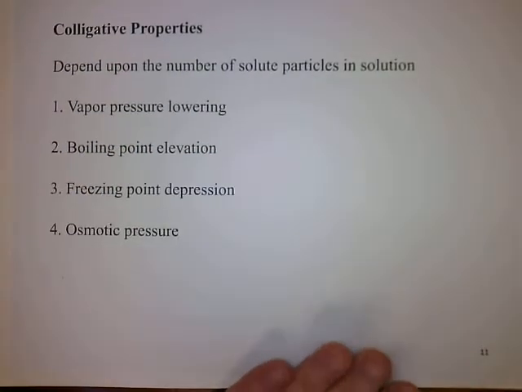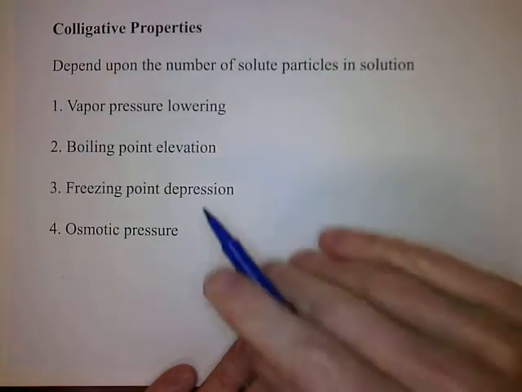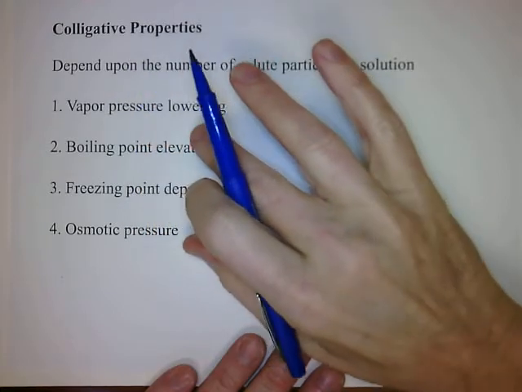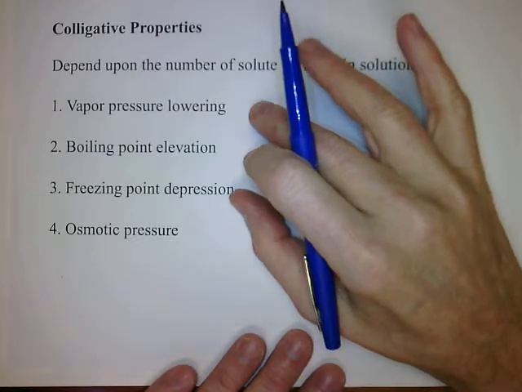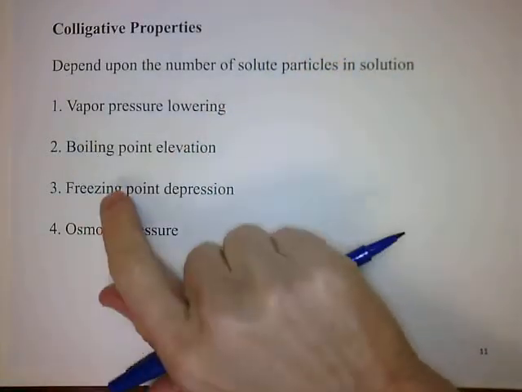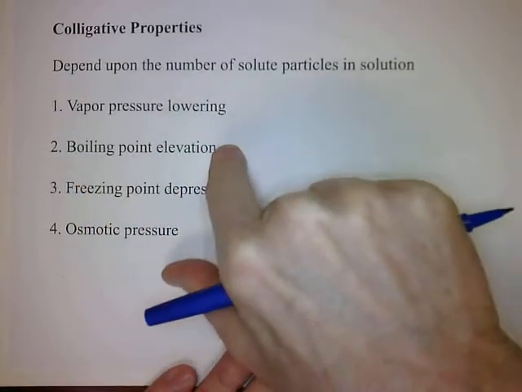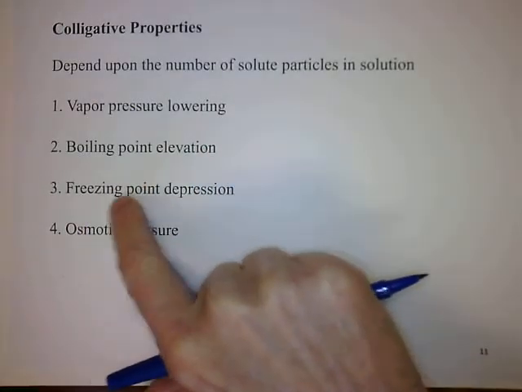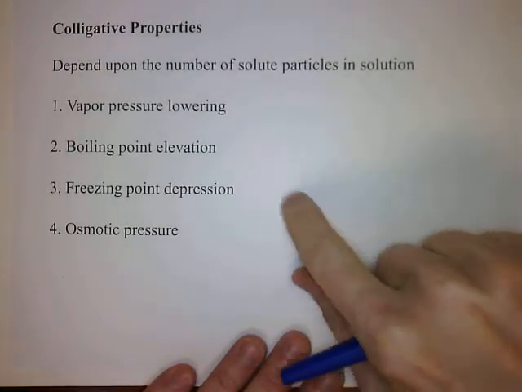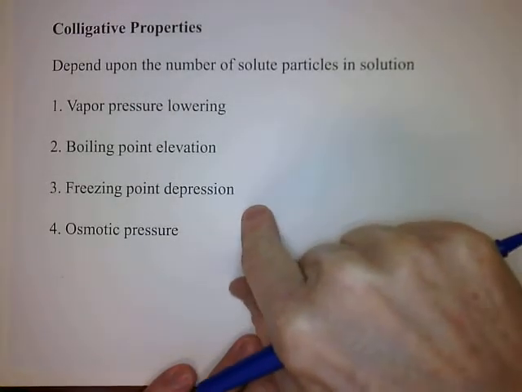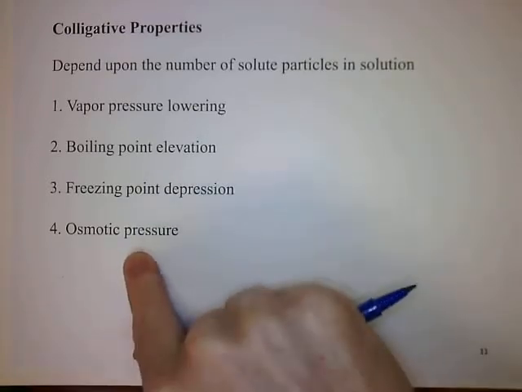When you dissolve a solute, you lower the vapor pressure of the solvent. You raise the boiling point of the solvent, so boiling point elevation is your second. Freezing point depression: in other words, you lower the freezing point of the solvent. And then there's something called osmotic pressure. We'll talk about that when we get there.